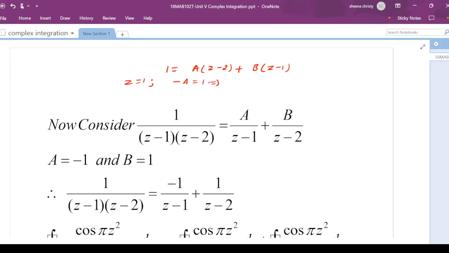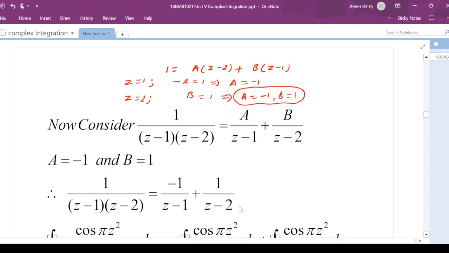This gives you A equal to minus 1, and put z equal to 2, you will have B equal to 1. So you are having the value of A as minus 1 and B as 1. Substituting here, we are getting minus 1 by (z minus 1) plus 1 by (z minus 2).